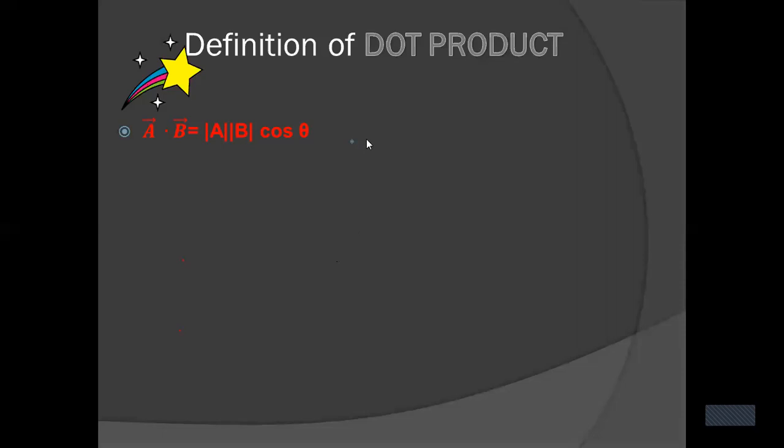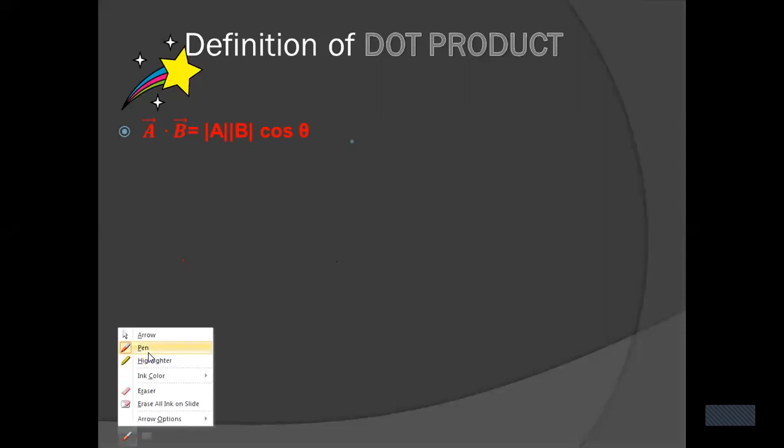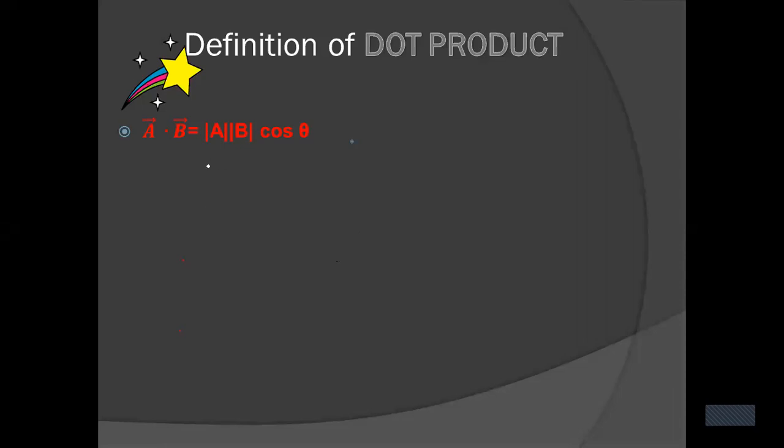So again, it was disconnected. So just see the second condition. We have seen when these two vectors are in parallel, what will be the dot product of these two vectors. Now we will see the second condition, that is when these two vectors are perpendicular.